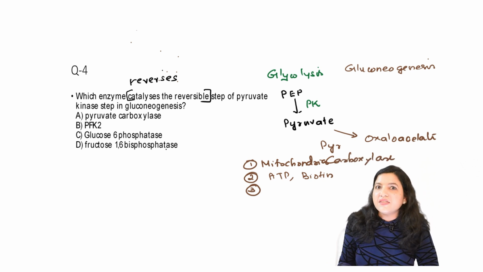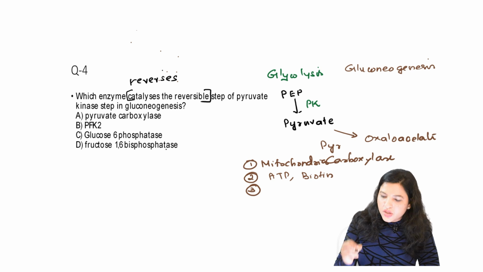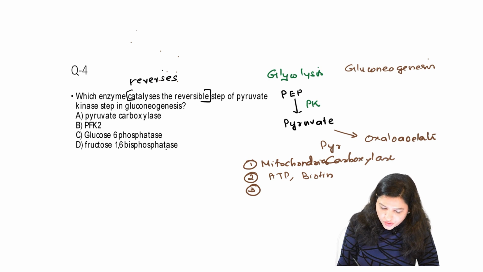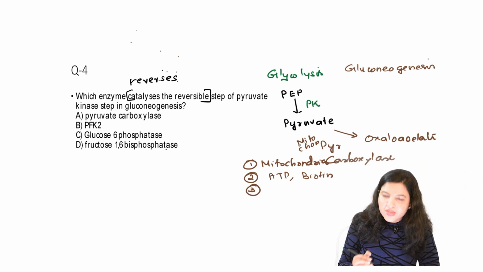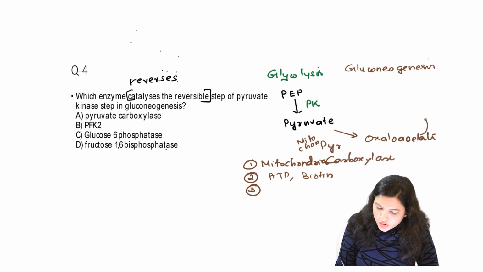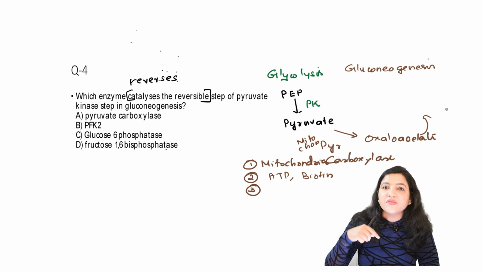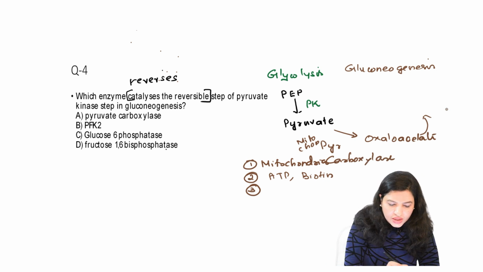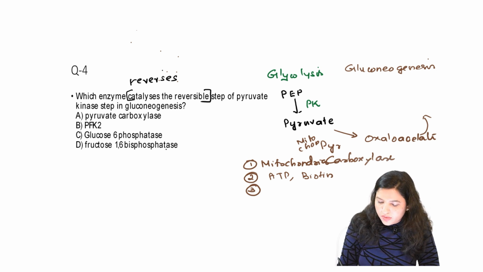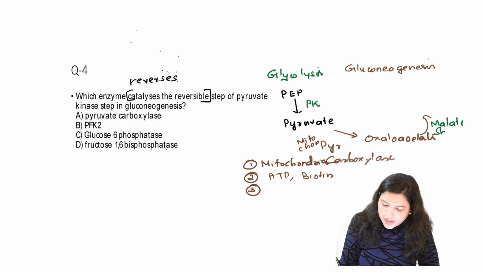The next thing is that this oxaloacetate, which is formed inside the mitochondria, has to be pumped to the cytoplasm, because the next step is taking place in the cytoplasm. That is with the help of the malate shuttle, but actually the complete malate shuttle is not involved here.